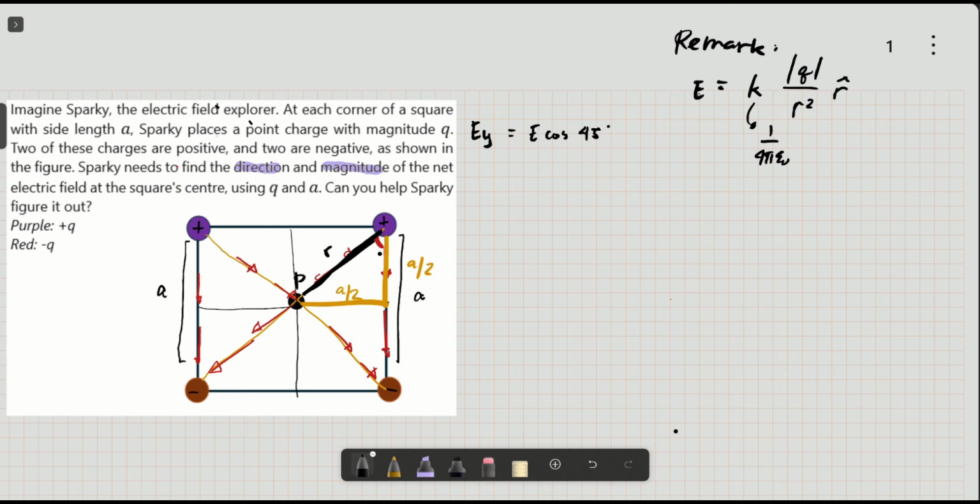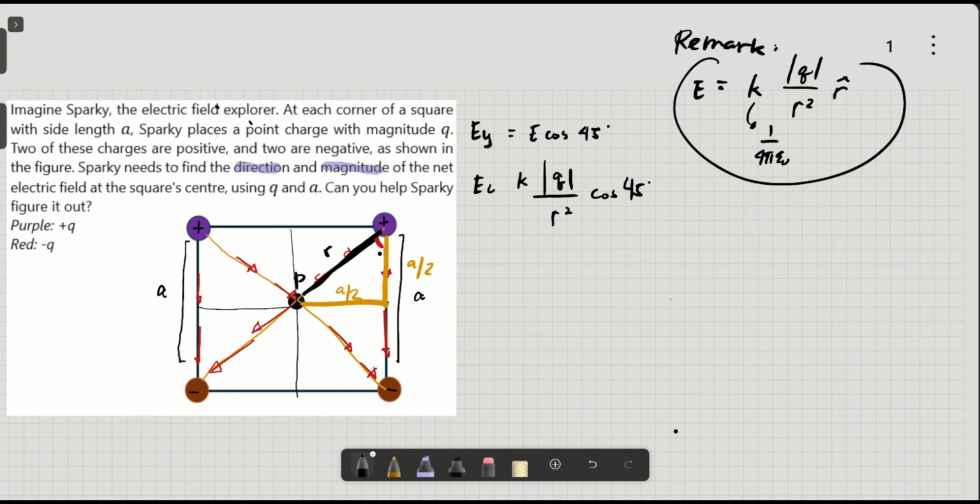Now your E given by this one, K Q divided by R squared, cosine 45 degrees. That's going to be your EY.